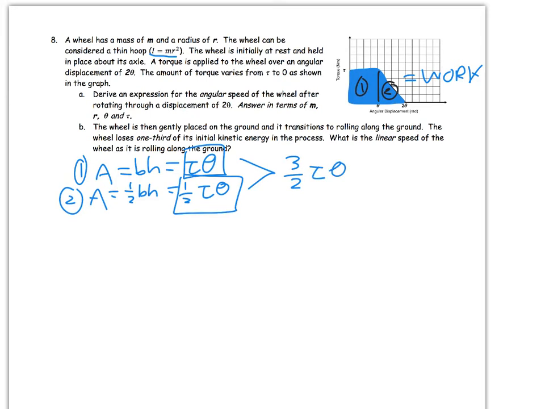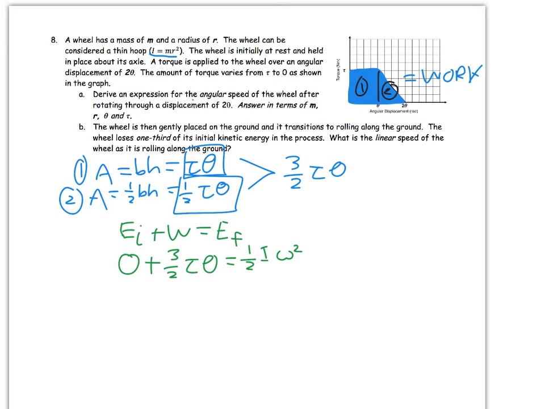Now that I have that, I can set up my conservation of energy, and use that work that I just solved for to figure out what the angular speed of this wheel is going to be after rotating through that amount. So we're going to say E initial plus the work being done equals E final. There is no initial energy because it's not moving at all. The work being done we just found was 3/2 tau times theta. And we end with rotational kinetic energy, 1/2 I omega squared.